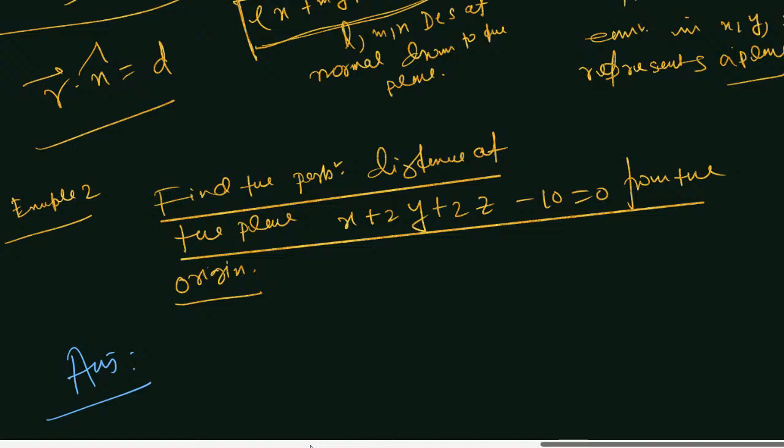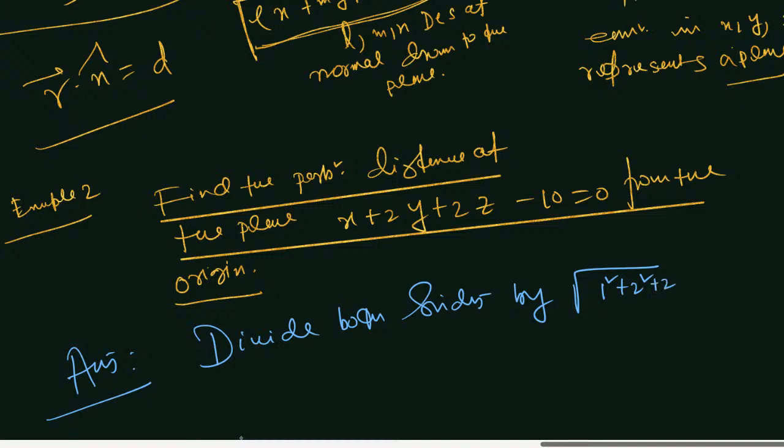How to express in vector form? Because these are direction ratios, in the very first step what I am going to do is divide both sides by 3, because these are direction ratios 1, 2, 2; if you divide by this, then you will get direction cosines. What do you get? 1/3 x plus 2/3 y plus 2/3 z.